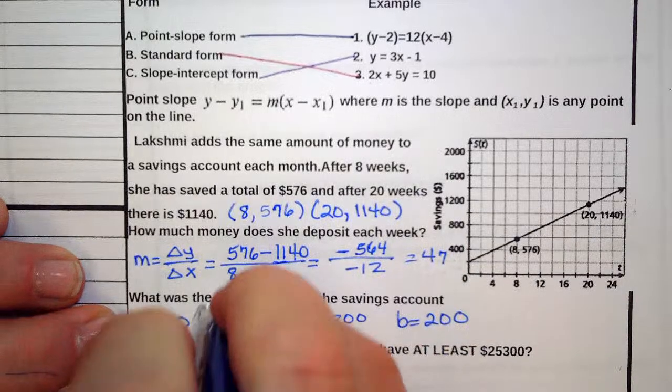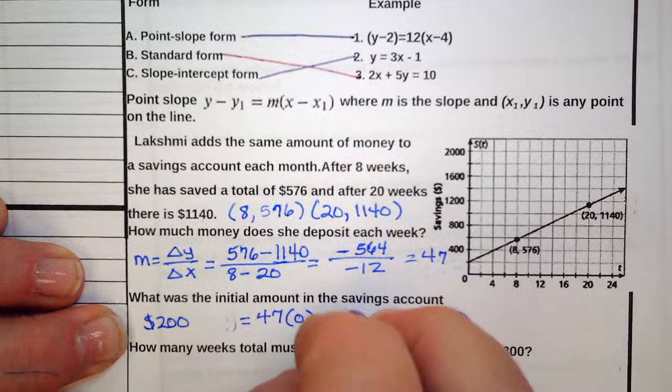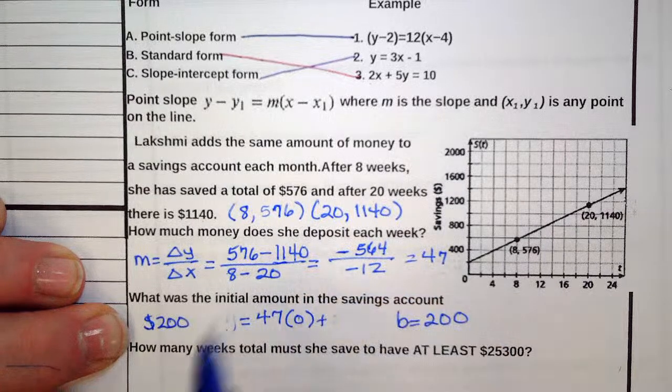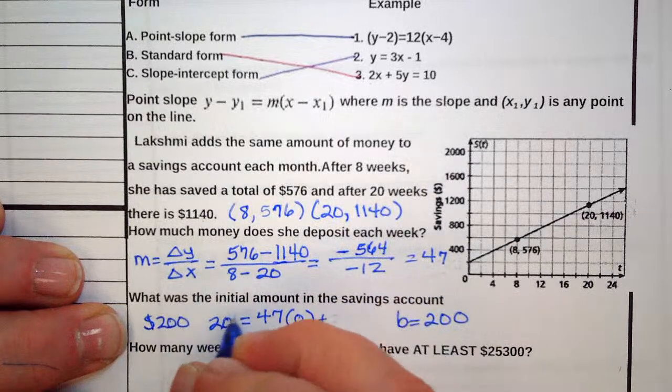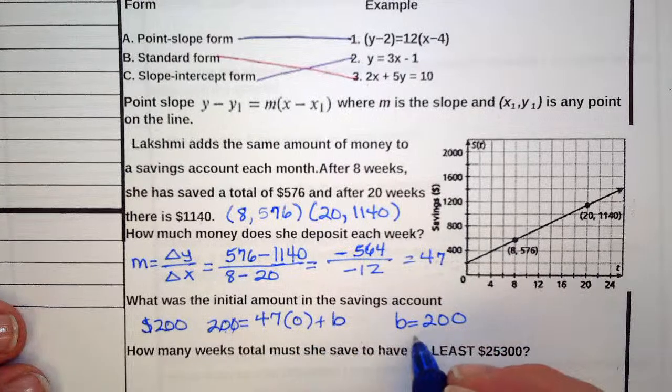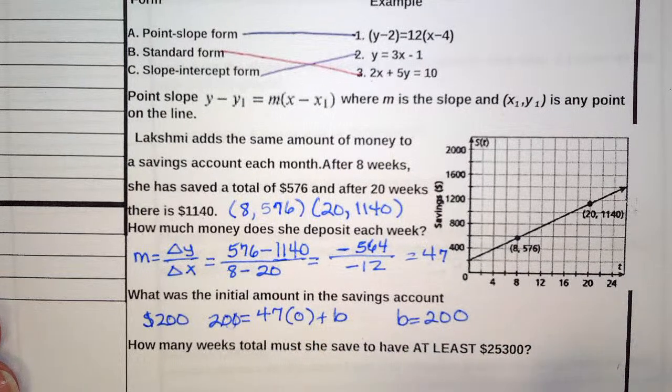I did it a little bit wrong. 200 is equal to 47 times 0 plus b, and b is equal to 200.